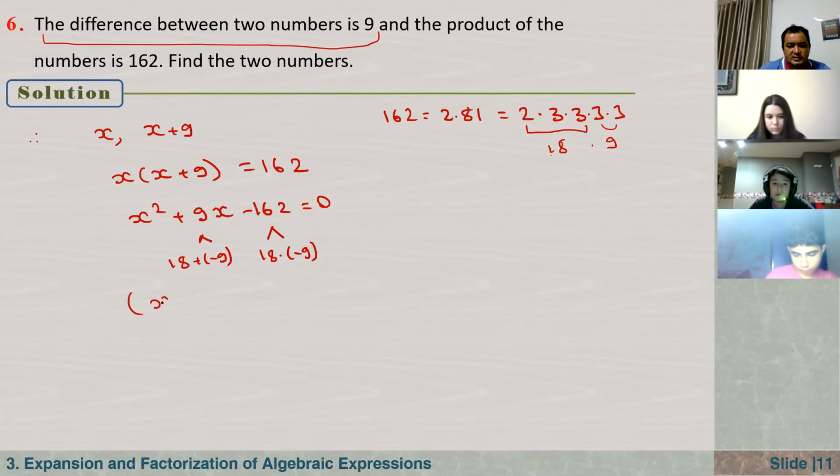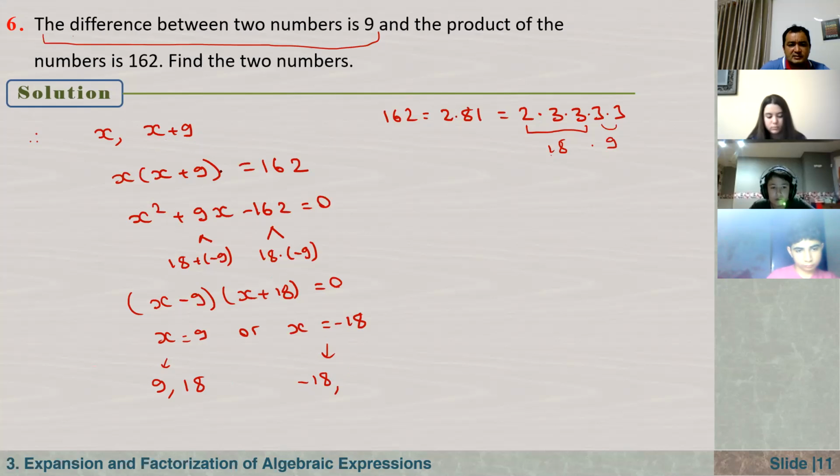So I can factorize it as (x minus 9)(x plus 18) equal to 0. So x equals 9 or x equals negative 18. If x equals 9, the second number should be 18. If x equals negative 18, the second number should be negative 18 plus 9, that is minus 9.